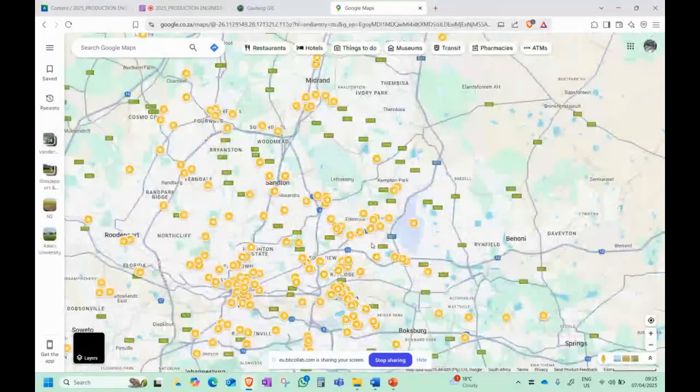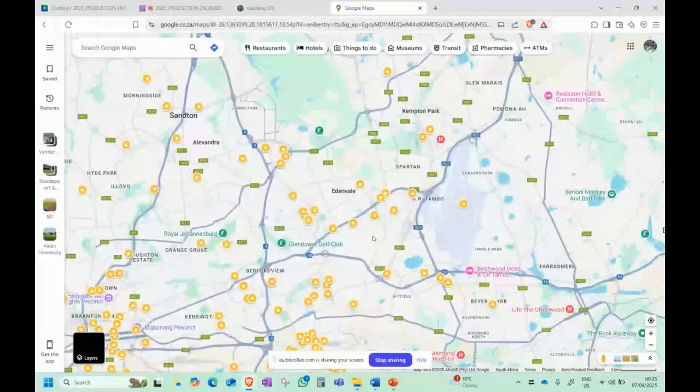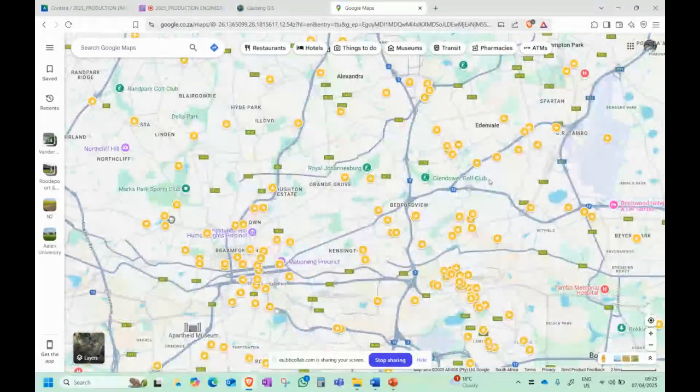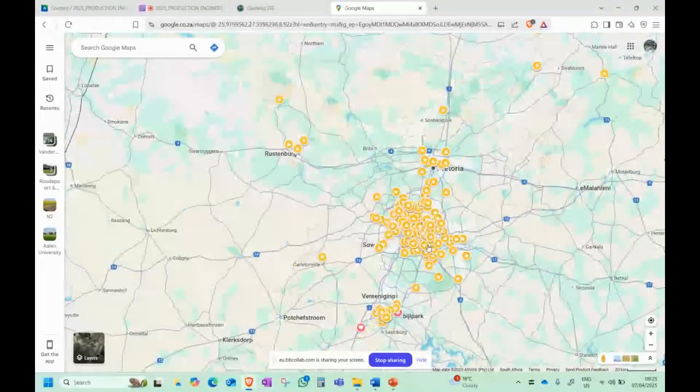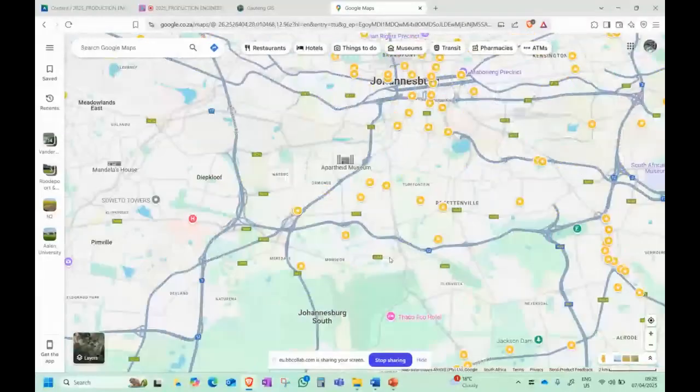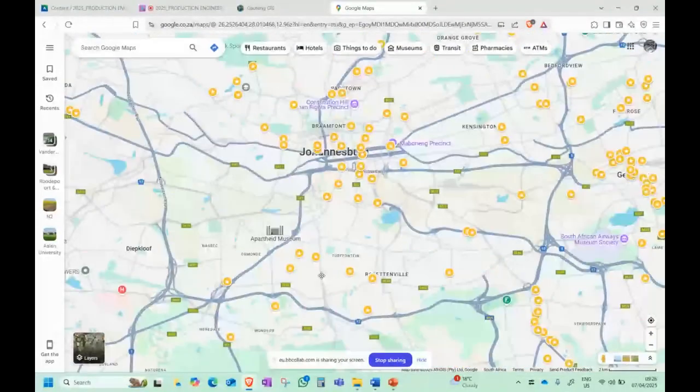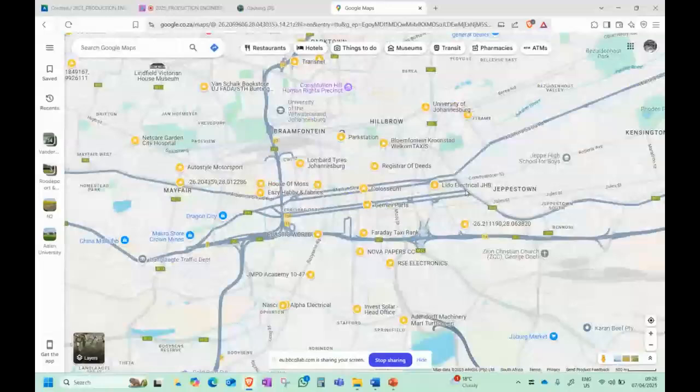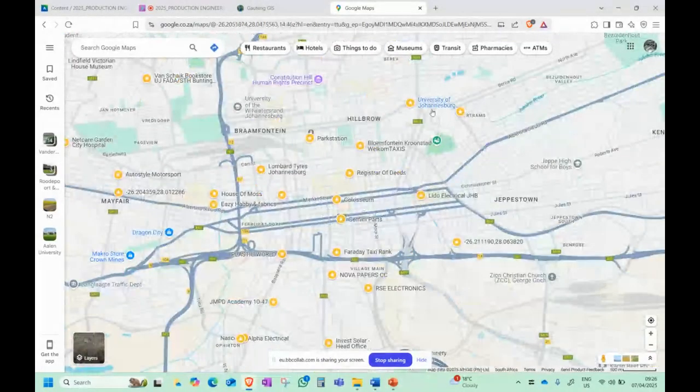And with Google Maps, you can earmark certain areas. As you can see, these are the areas that I've traveled. There's a museum opening there. There are places such as the University of Johannesburg. You have your Gauteng High School.